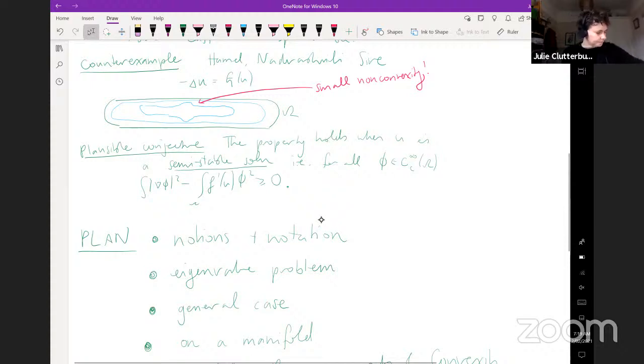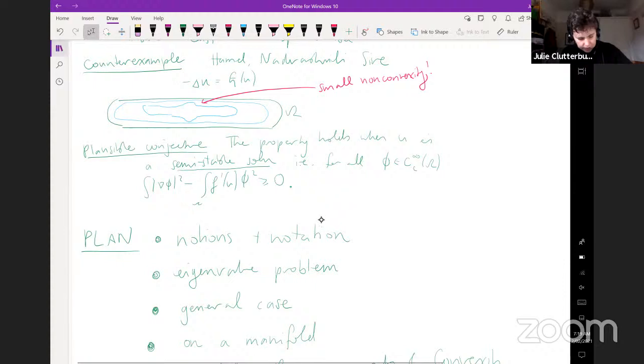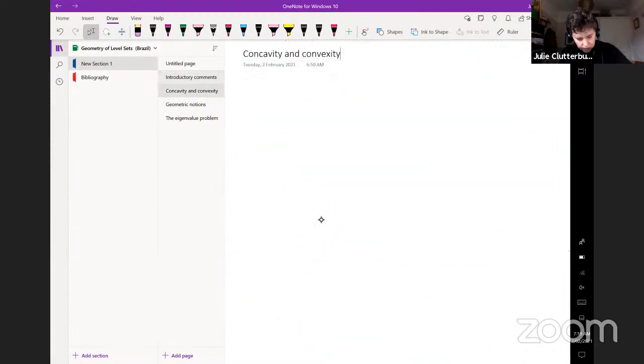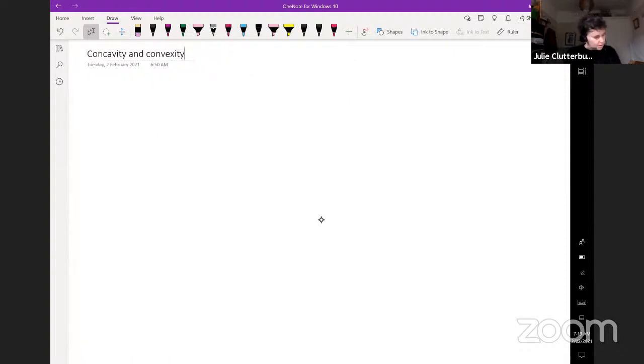Okay, so let me move on. I'm going to be talking about two different kinds of convexity or concavity here.